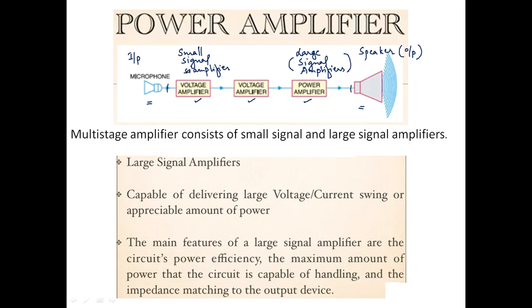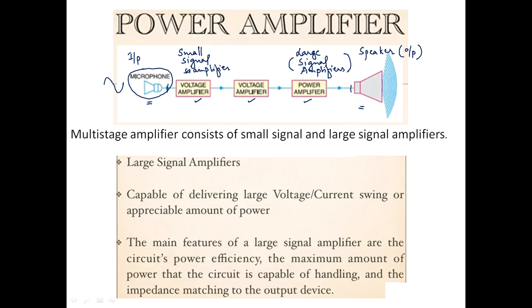All right. The diagram represented here is that of a simple communication system. It could be a wired or a wireless system, but the point is it's a communication system. At the left hand side, the microphone acts as an input device, where the sound waves are our input signals. And at the output side, the same sound wave has to travel through so many amplifier stages.